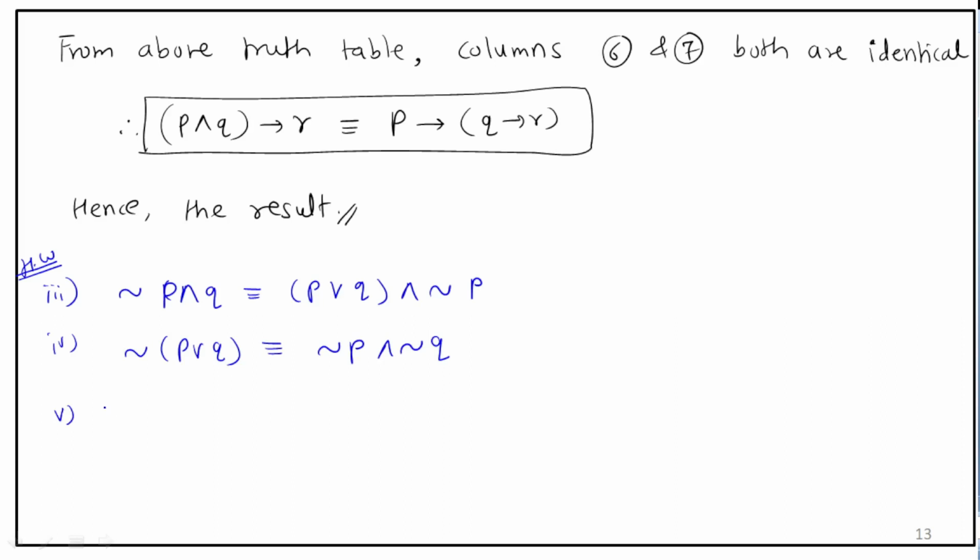And one more, fifth: verify that P and Q or negation Q is equivalent to P or negation Q. Check this. Check whether both are equivalent or not in this fifth example. And for 3 and 4, prove that LHS is equal to RHS.